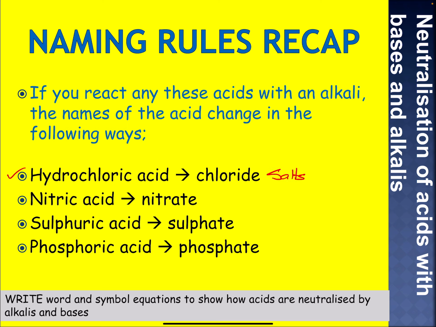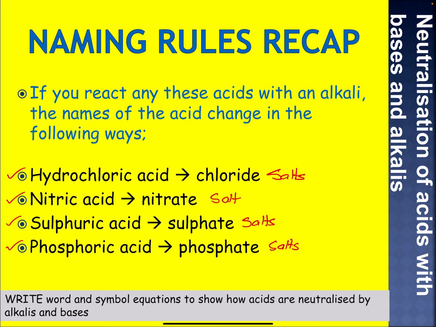If you have nitric acid, you'll have nitrate salts. If you have sulfuric acid, you will have sulfate salts. And if you have phosphoric acid, you'll have phosphate salts. I suggest you learn that. Okay, let's move on then.